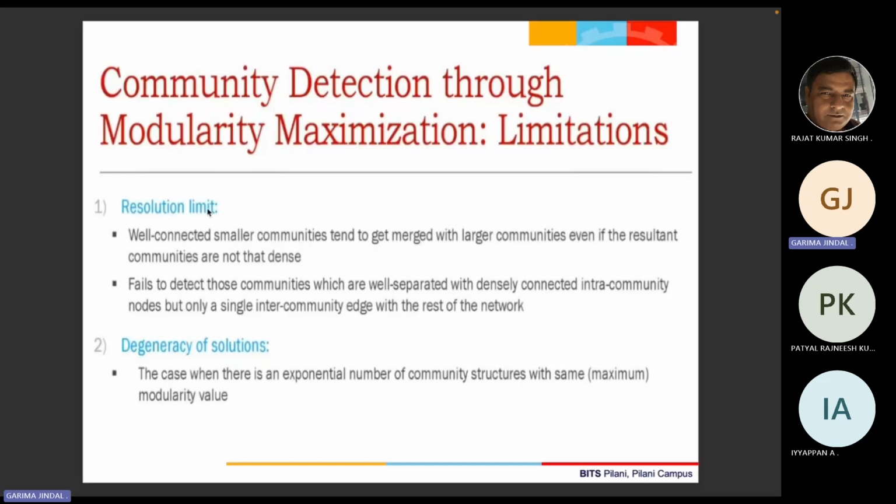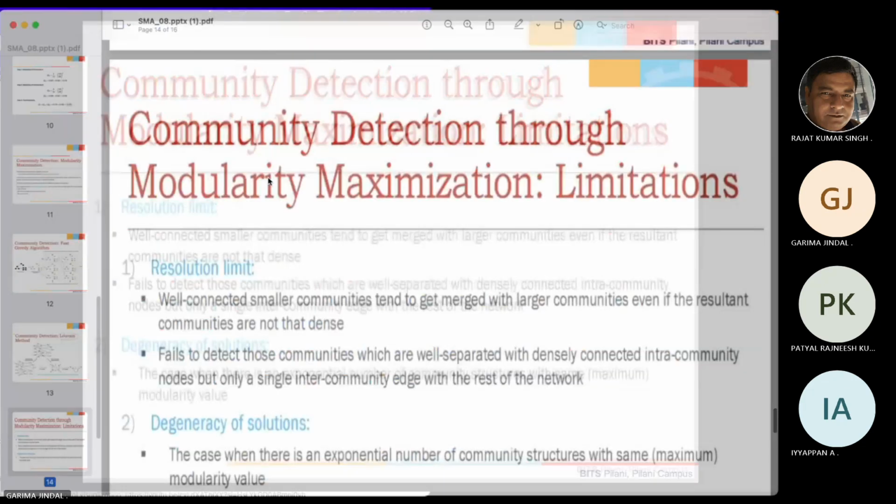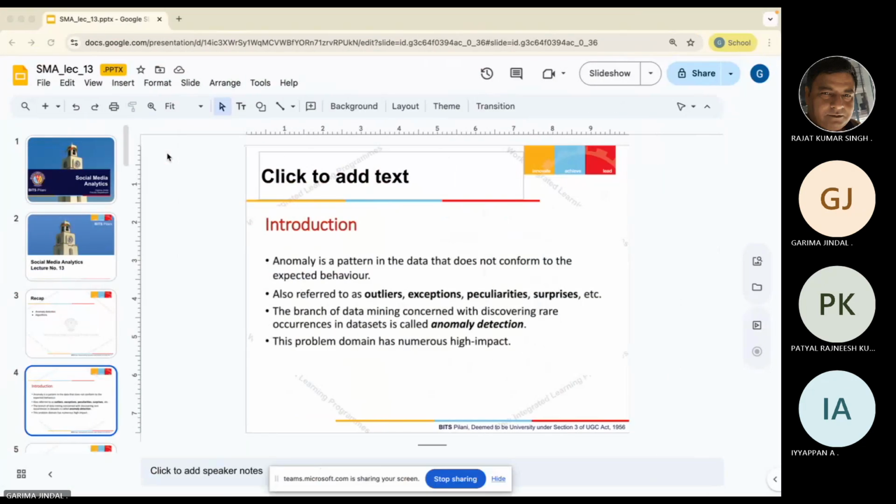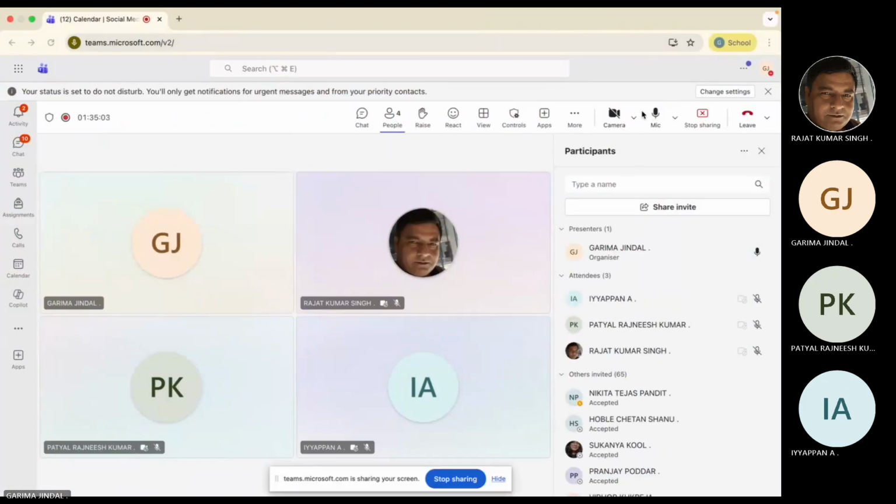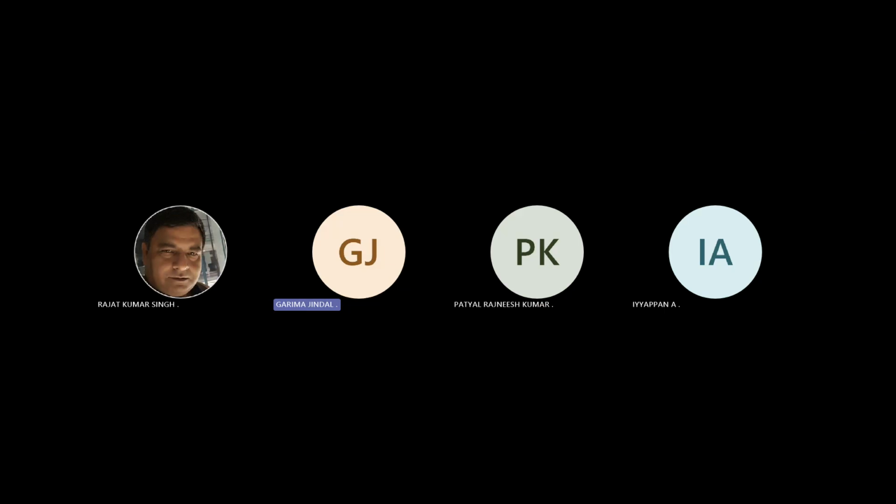So in other words, the resolution limit says that it is difficult to identify smaller communities using the modularity method. Okay, so these were the methods that we have discussed for calculating the communities. So let me check lecture number 9.